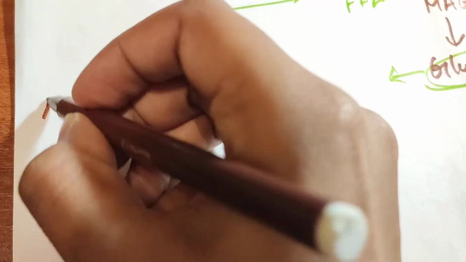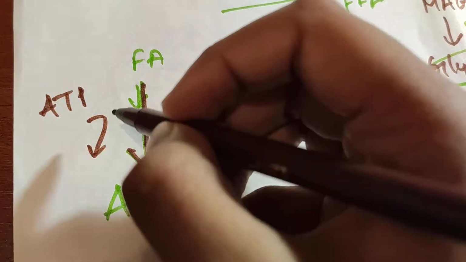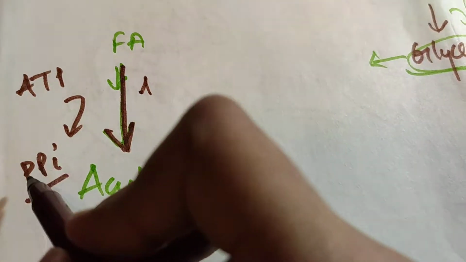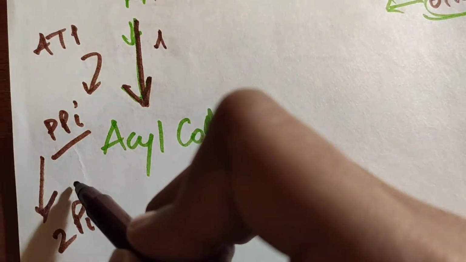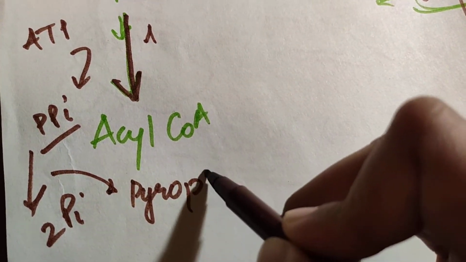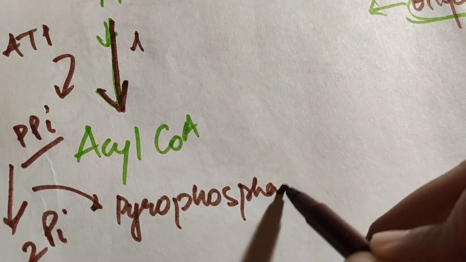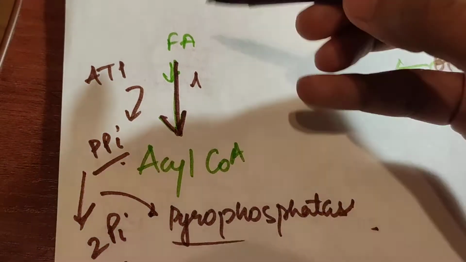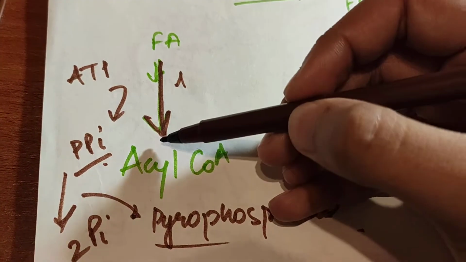Here, ATP is converted to AMP, two phosphates are released as PPi, and this PPi is converted into two phosphates through the enzyme pyrophosphatase. It is not very important, but you should know that when this is converted by pyrophosphatase, the reaction becomes irreversible.